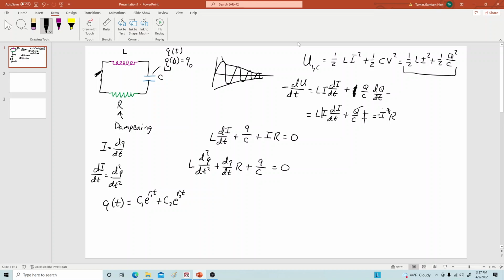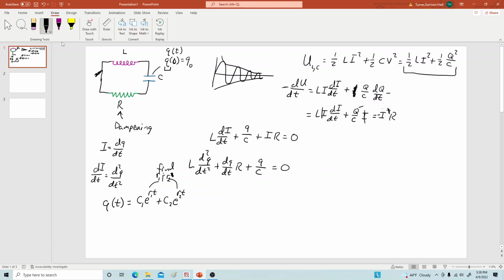So the point is to try and find r1 and r2. That should be a subscript. Okay, so we're going to try to find R1 and R2.